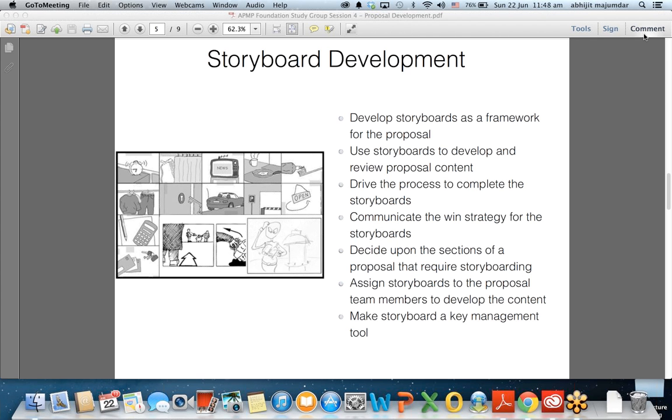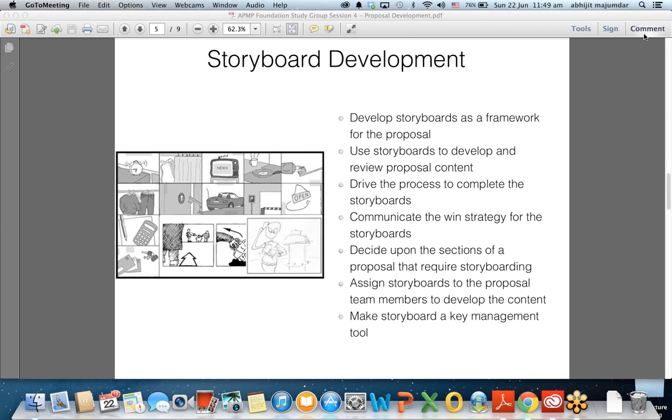Now, many a time, most people ask me: do you create a proposal storyboard for every section of the proposal, or every proposal? My response is that if a section of a proposal can be populated by boilerplate information from your organization, you may not need to create a storyboard.